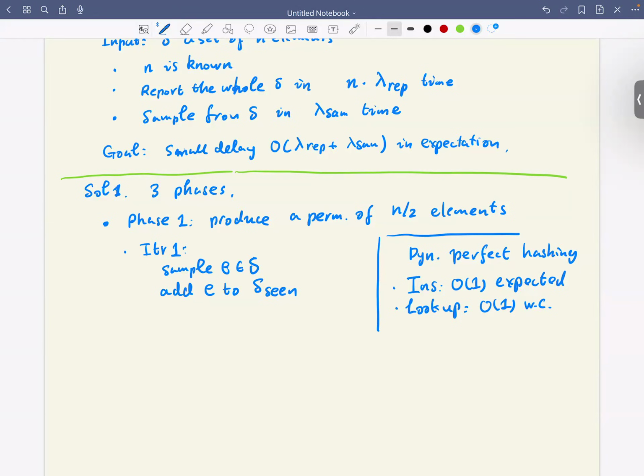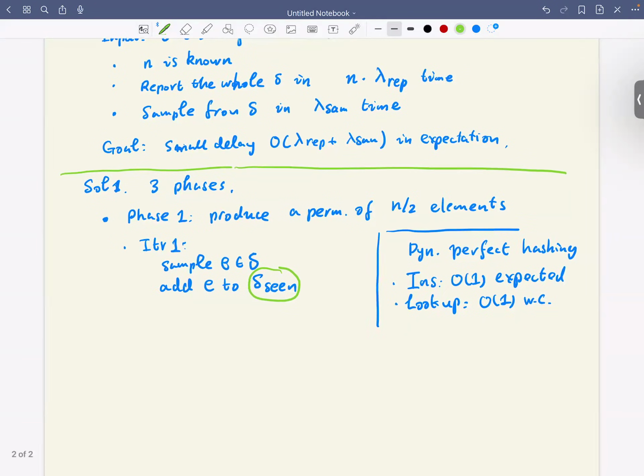This is the reason why I need the dynamic perfect hashing table structure. So I will be maintaining a dynamic perfect hashing structure on this S seen. Now if I add this E to S seen, what is the cost? You should tell me it's a constant in expectation. This is what I explained before. All right, okay, good. Now this is the first iteration, and the first iteration is fairly easy, correct?